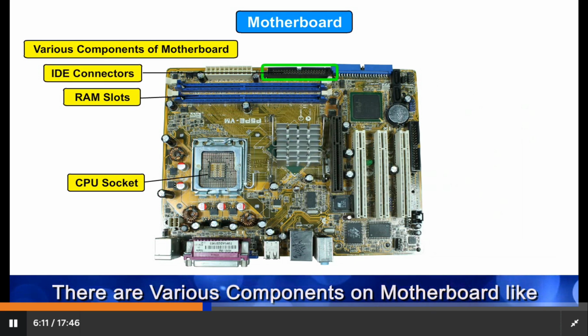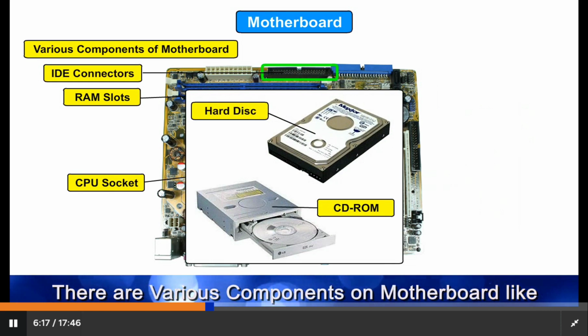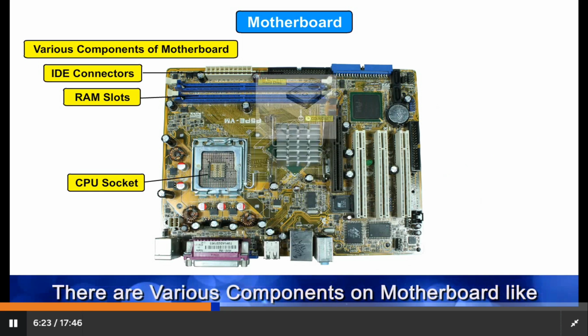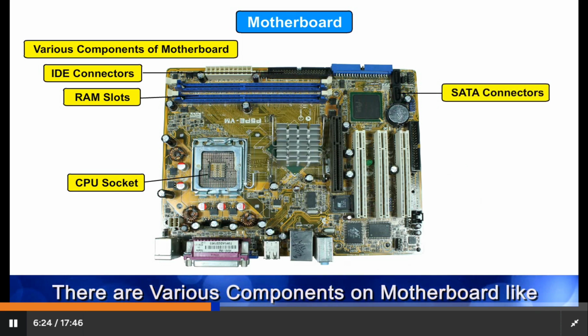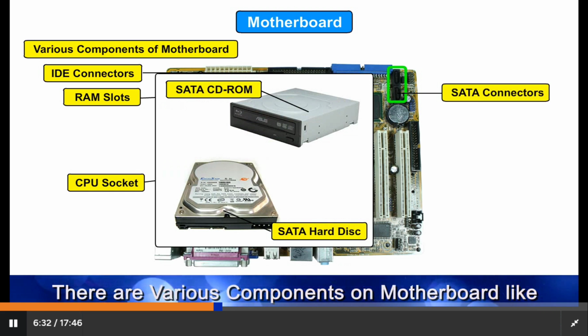IDE, integrated drive electronics, connectors to connect IDE devices like IDE hard disk or CD-ROM. SATA, Serial Advanced Technology Attachment, connectors to connect SATA devices like SATA hard disk or CD-ROM.